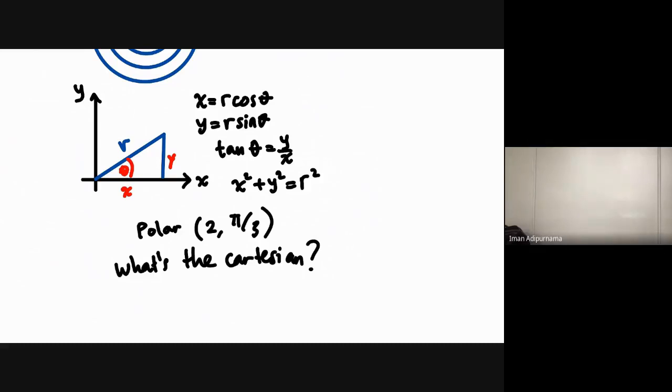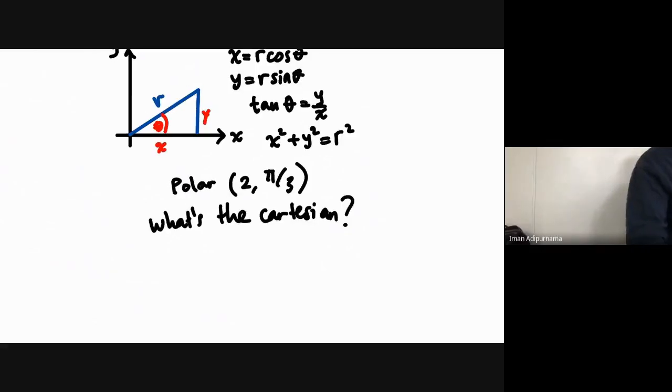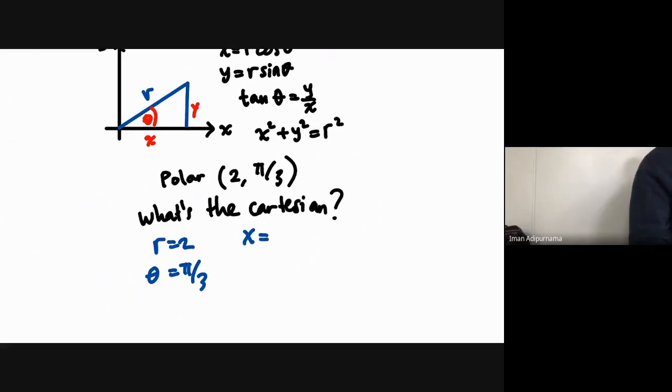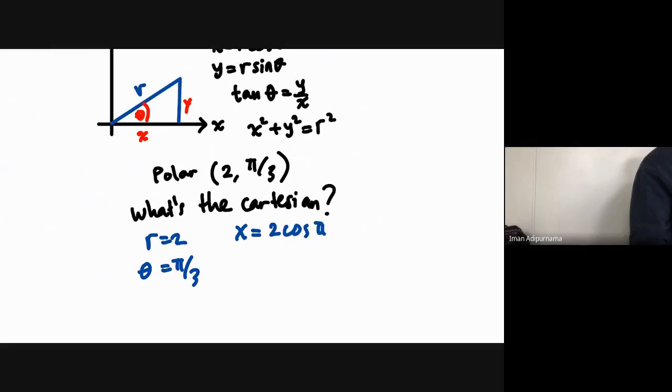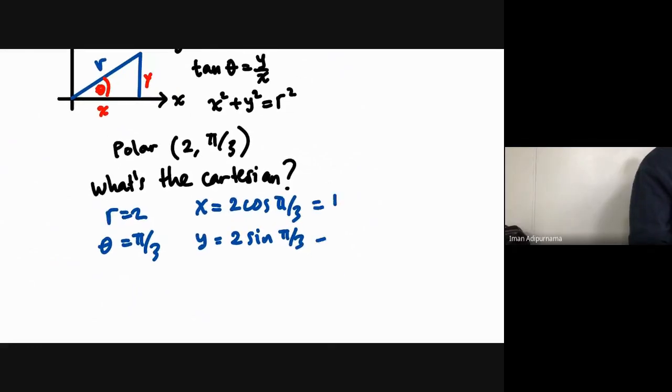Okay, so for example, we can write that this r is 2, this theta is pi over 3. So your x is 2 cosine pi over 3. Your y is 2 sine pi over 3, and you can directly say this is 1, this is square root of 3.